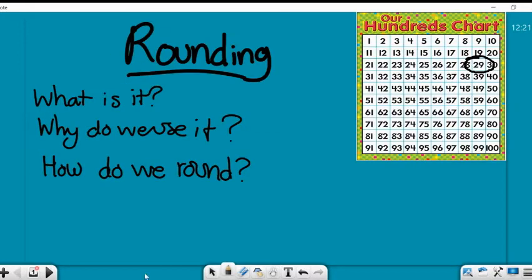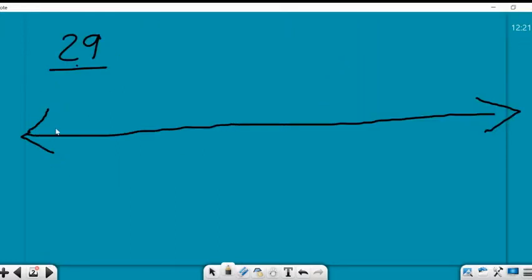So if I go back to my hundreds chart, if I look at the number 29, what two tens is it in between? And remember, those tens are like 10, 20, 30, 40, 50, 60, 70, 80, 90, 100. And it just keeps going and going and going. So looking at 29, if I go backwards, what 10 will I hit first? If I keep going backwards, I'm going to hit 20. So I'm going to put 20 on my number line.